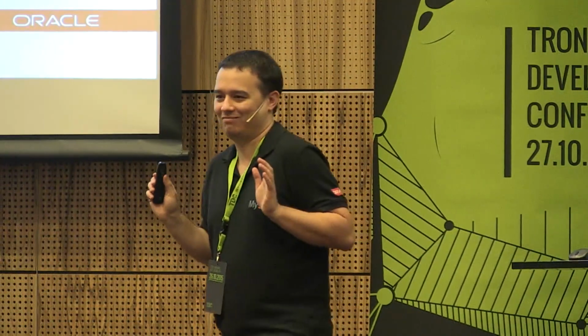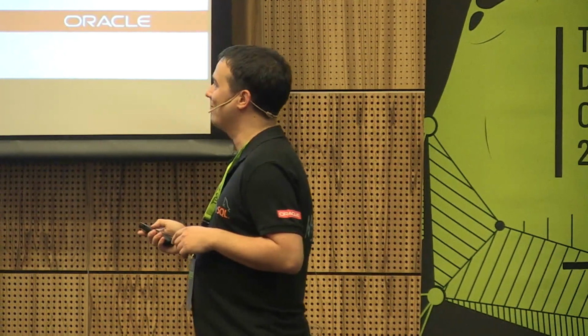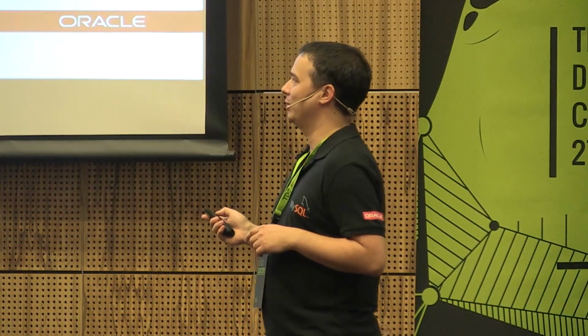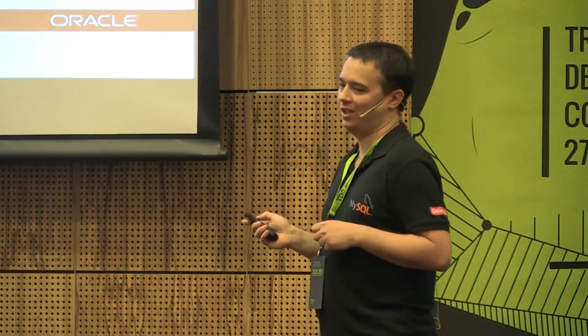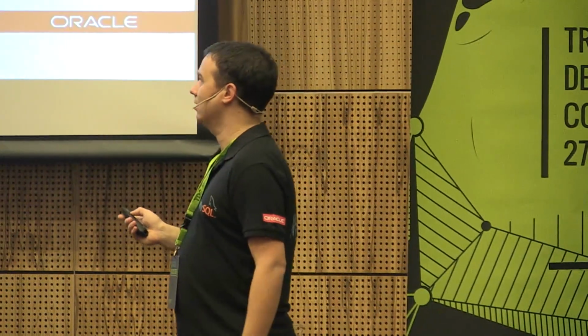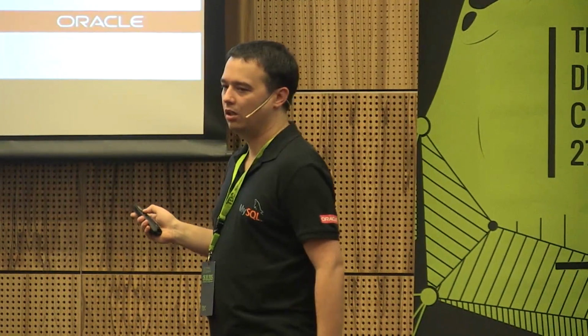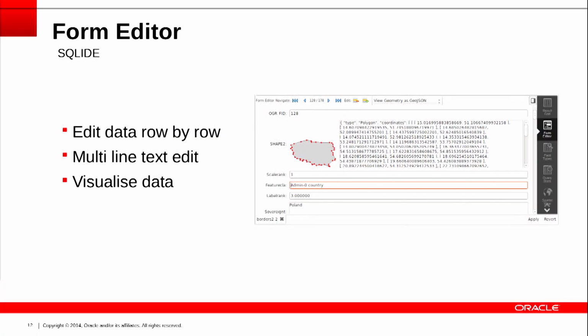This is my opinion. Except this, it can visualize the data, and this is something new in 6.2. This is geometry data. Workbench can now visualize the geometry data at hand. So you just make a query, and the data will be visualized in the form editor, but not only. There is also a special viewer, which we'll say a little bit more about later.